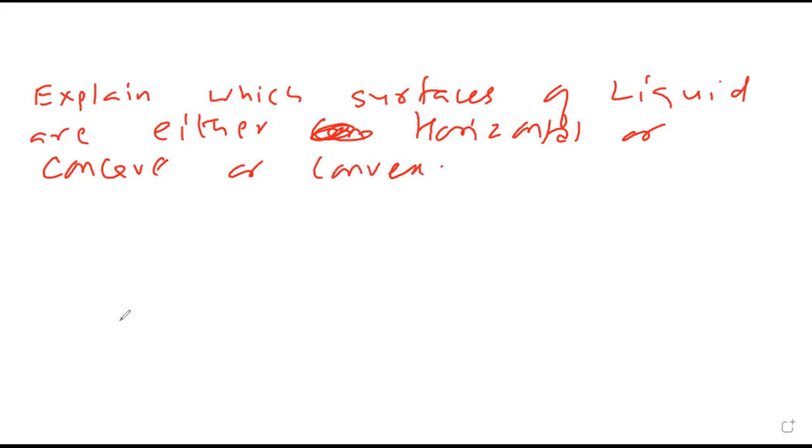Why the surfaces of liquid are either horizontal or concave or convex. See, there are three types of liquid. One which completely wets the wall of container. Second, partially wets. Third, does not wet.